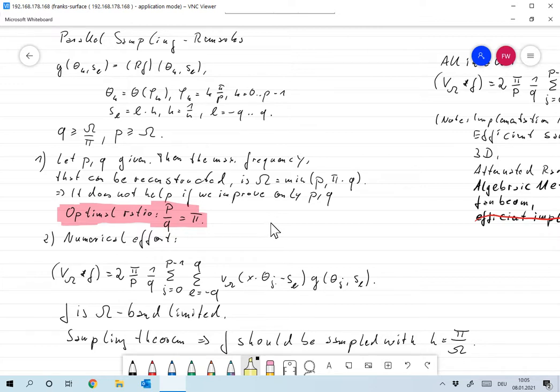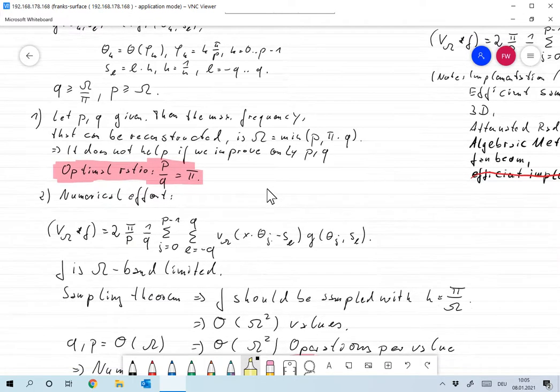And that's actually something that's used by all the CT scanners which are implemented. Okay. So how about the numerical effort? And of course, in the following, I will assume that this is true. So P over Q has been selected as pi.